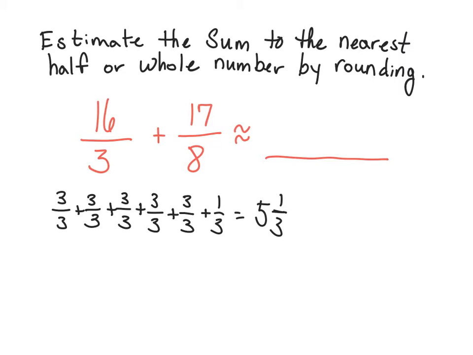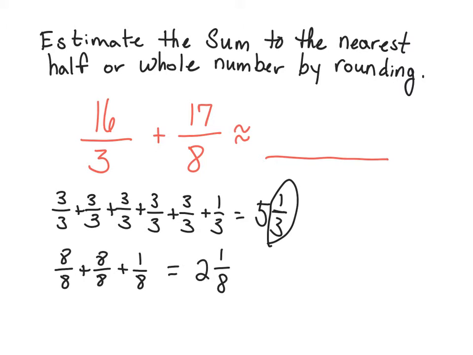And then we have 17/8. So let's take a whole out. 8/8 plus 8/8 gives us 16/8. And then we have 1/8 left over to represent 17/8. So this would equal 2 wholes and 1/8. All right, so now let's take 5 1/3. Basically, that third would be closer to being a half, since it's broken up into thirds.